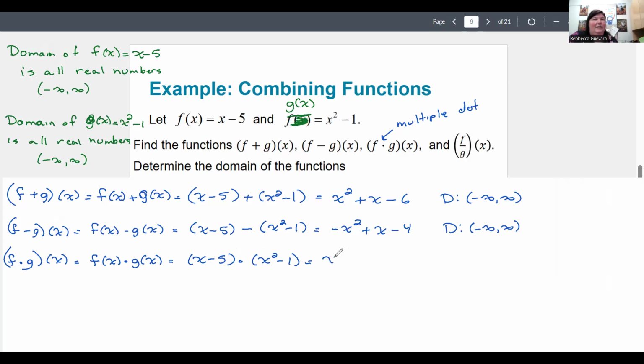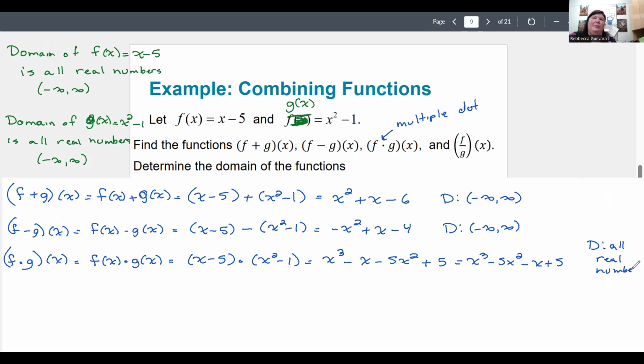So we will have x cubed, if we FOIL, and then minus x, and then we'll have minus 5x squared plus 5. Just trying to leave room for my domain. But that'll be x cubed minus 5x squared minus x plus 5, if you want to rewrite it so it is in standard form. And my domain again is all real numbers.